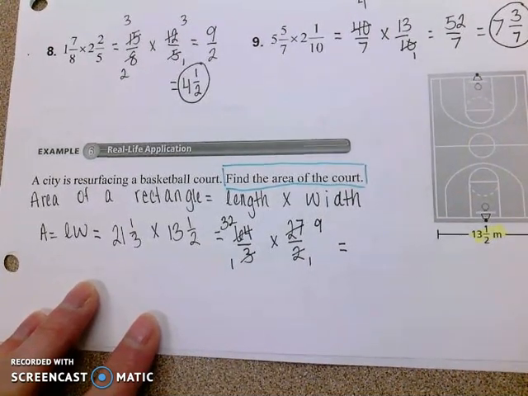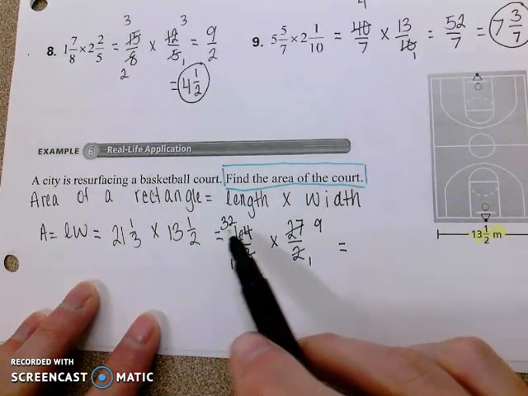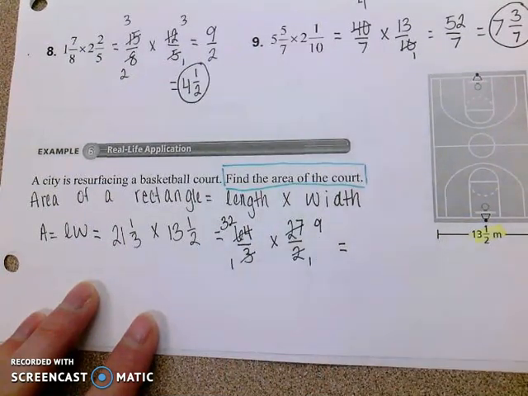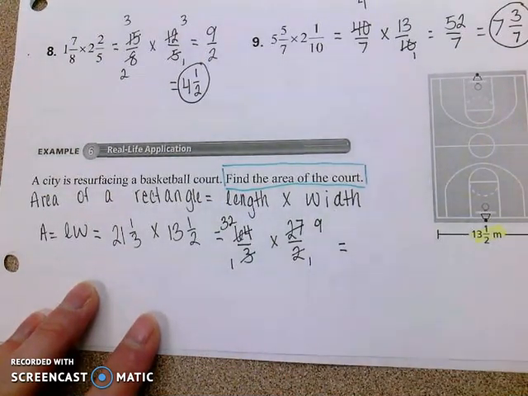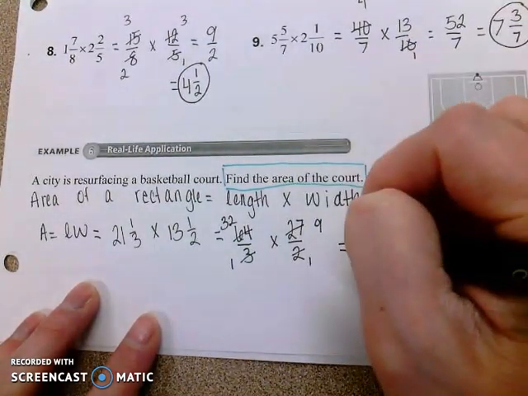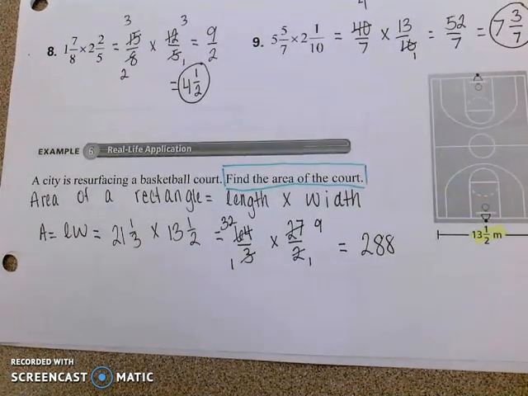So you may have to do a little bit of scratch work here, or you can just think 30 times 9, okay, that's 270. 2 times 9, that's 18. 270 plus 18 is going to give us 288. Okay, so when I go to answer this in a complete sentence, although we didn't have a question, I boxed the statement that we were looking at, find the area of the court.